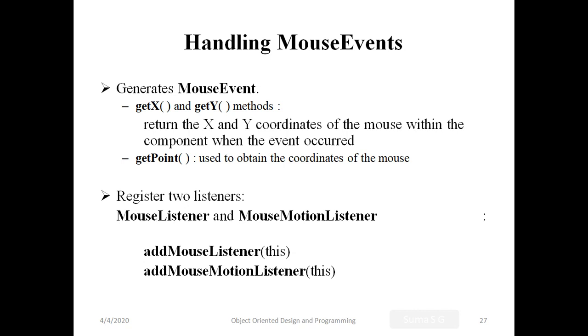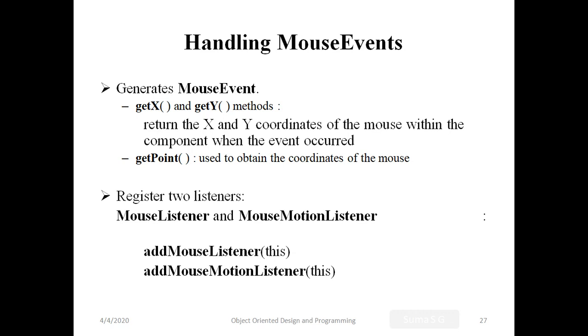Now while handling mouse events, you have to register a listener, right? A listener has to be notified about the mouse event. The listeners that have to be notified are the mouse listener and the mouse motion listener. So mouse events are handled by two listeners, MouseListener and MouseMotionListener.